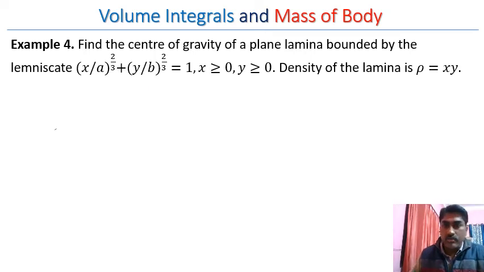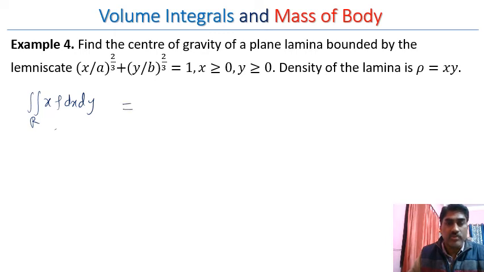Now we need to find this integral, the double integral over the region of x rho dx dy. So we will have everything the same except that x is multiplied in the integrand.